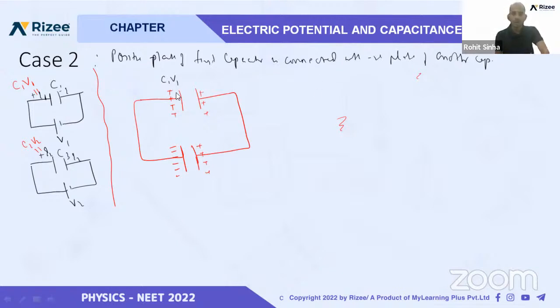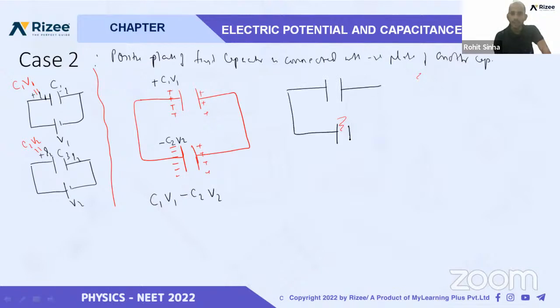We know since they are connected like this, at this side it is C1 V1 and here it is minus C2 V2. So we will say initial charge C1 V1 before, when we added here minus C2 V2. After some time what will happen?